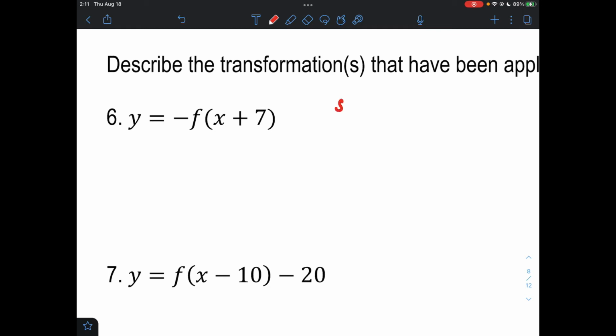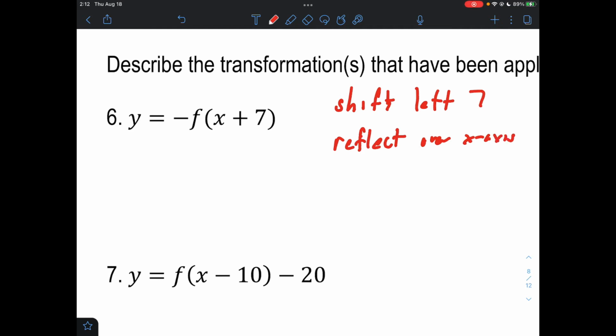So we're just going to write shift or translation left 7. And you don't got to tell me horizontal if you're going to say left and right. That's fine. And then the negative out in front is going to reflect it vertically. So you can say vertical reflection, or you can say reflection over x-axis.